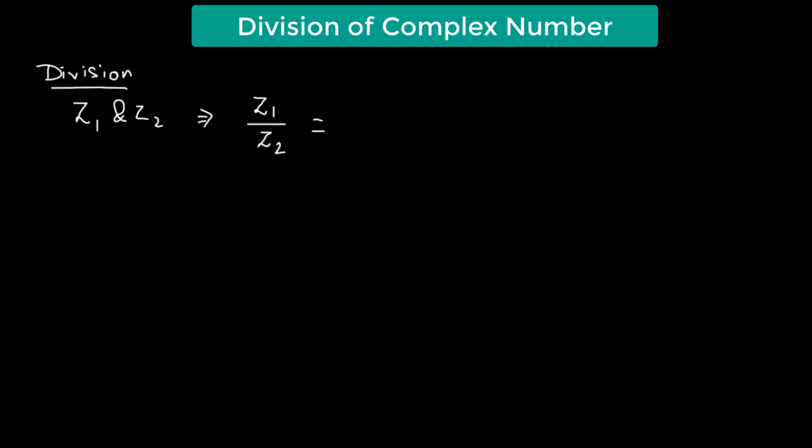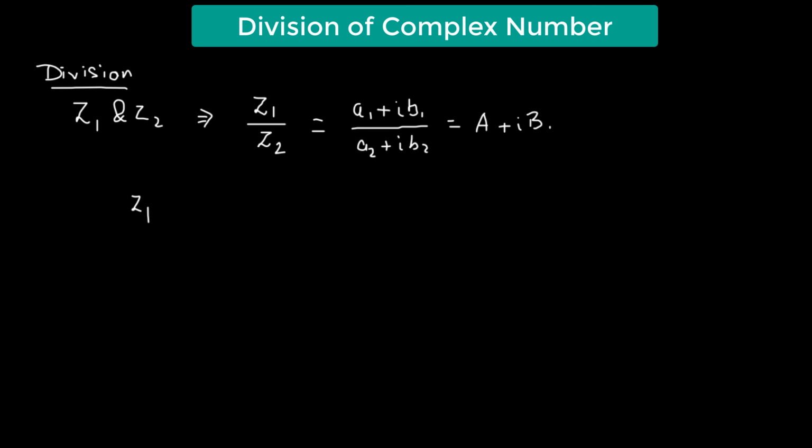So assuming that z1 has the value a1 plus i times b1, divided by z2, which has the value, let's say, a2 plus i times b2, this is how we can divide any complex number z1 by z2. Then using the concept of the conjugate of a complex number, we can convert this into our standard a plus ib format. So this is how we divide two complex numbers.